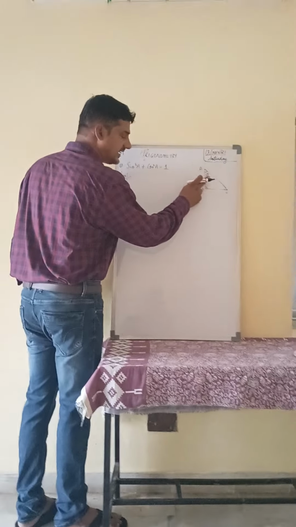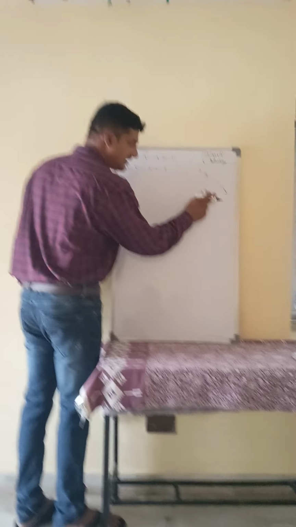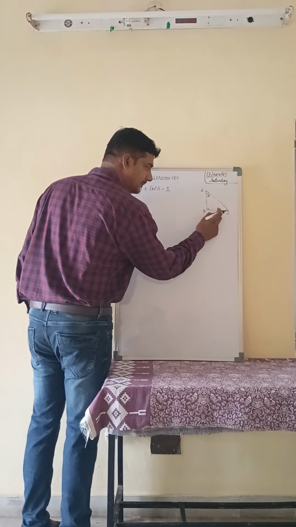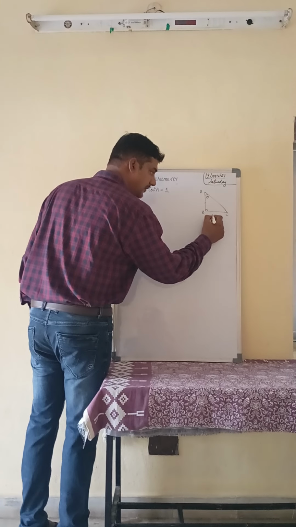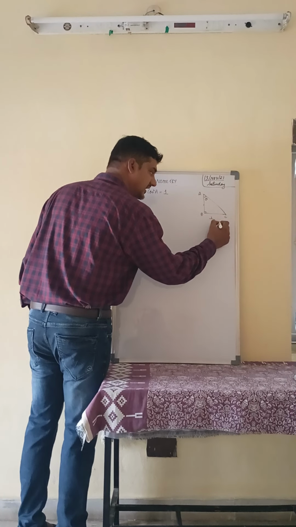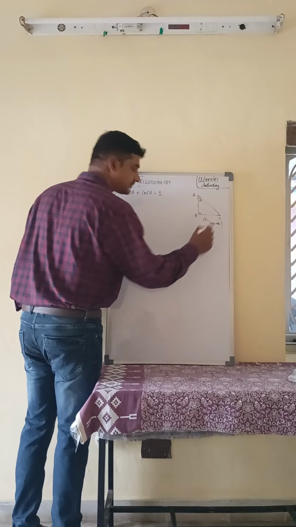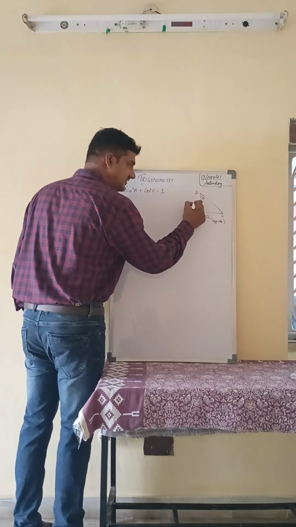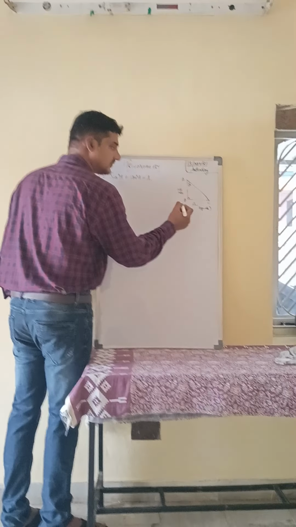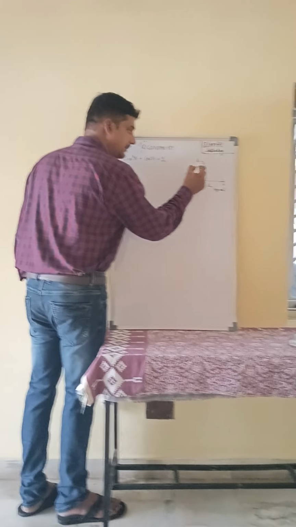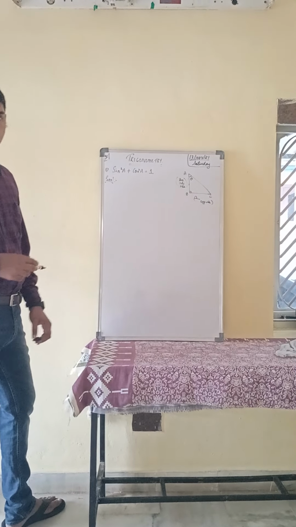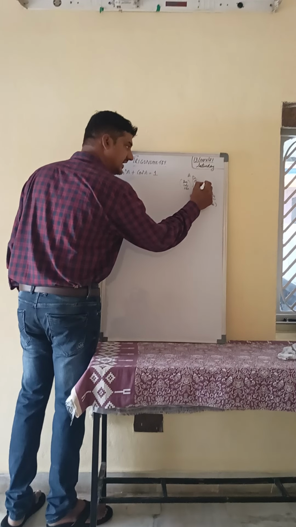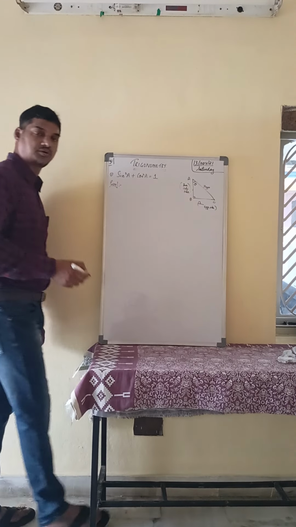The side which is opposite to it, BC, will become the perpendicular, or you can say opposite side. And the side which is adjacent to it, we can call it the base, or adjacent side. And the side which is exactly opposite to 90 degrees is your hypotenuse.